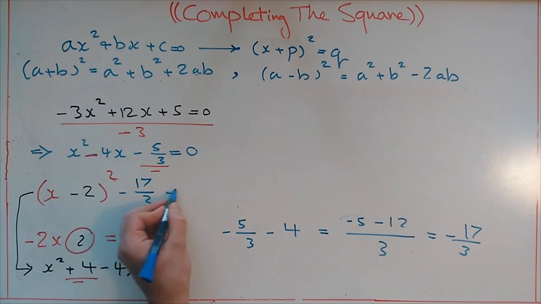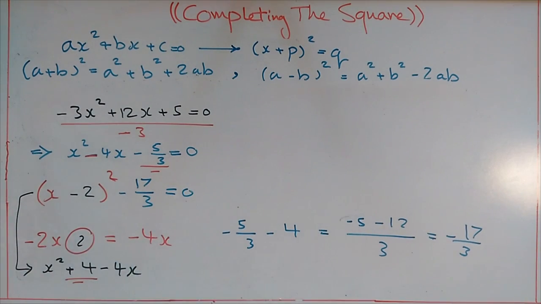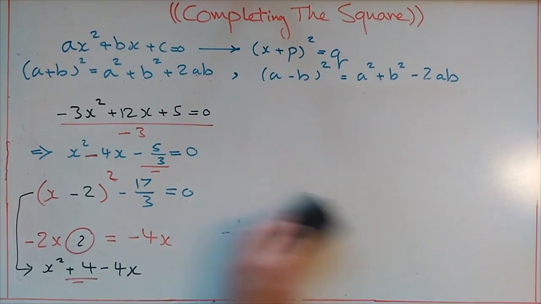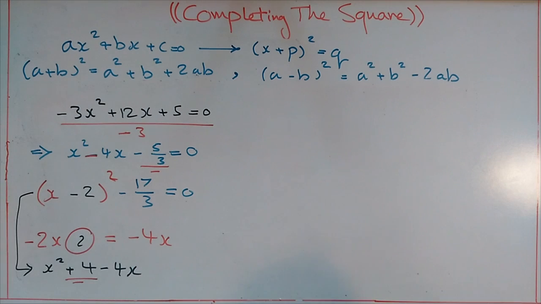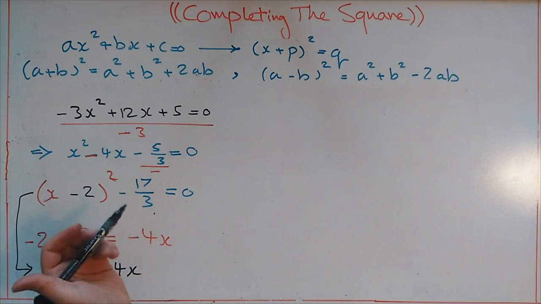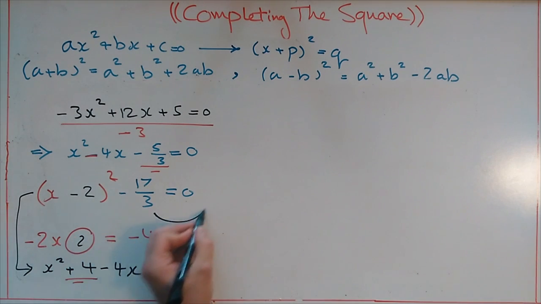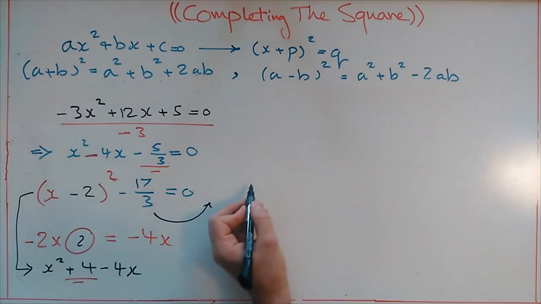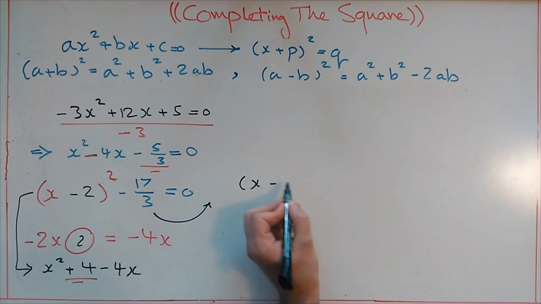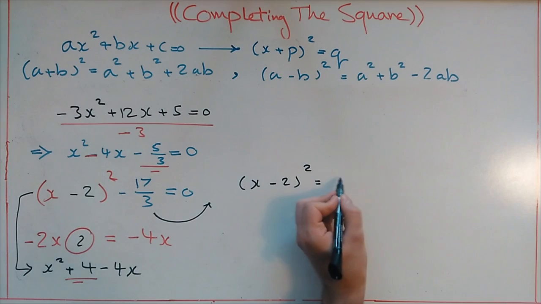and equals to 0. So right now we just solve the equation. I move the negative 17 over 3 to this side. It will change to positive. So x minus 2 squared equals 17 over 3.